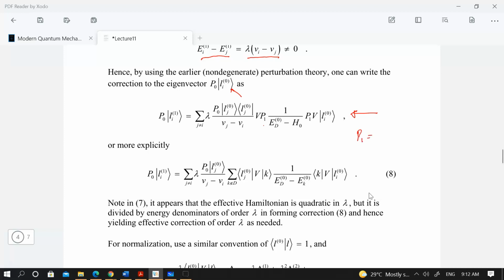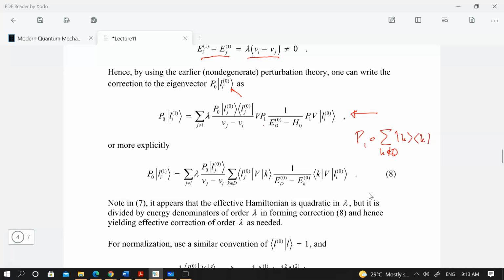Remember, P1 is some K not in the degenerate subspace. Sorry, maybe I should not use the K not there, because here we are limiting ourselves to the degenerate subspace. Control Z. Sorry. P1 is some K not in the degenerate subspace, K.